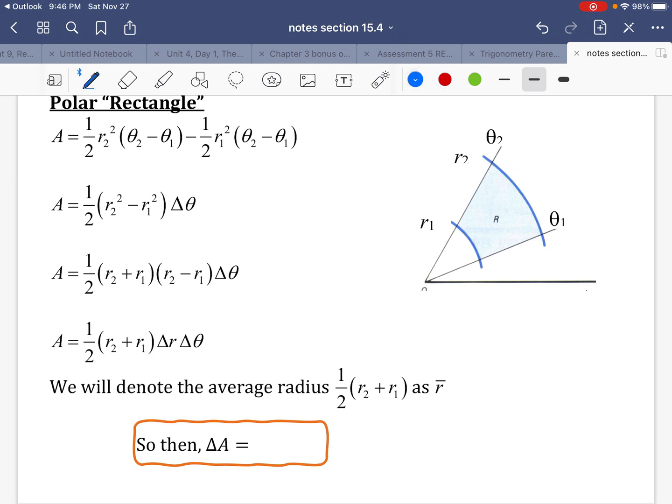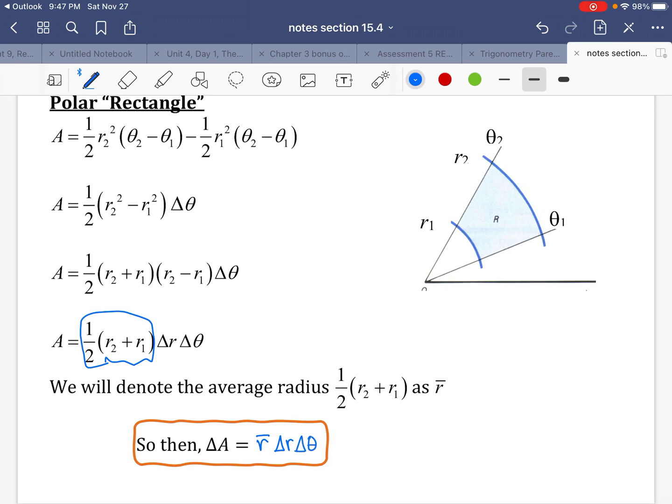So what you end up getting, and the whole purpose for this, is that delta A, or the change in the area, is going to be r bar times delta r delta theta.